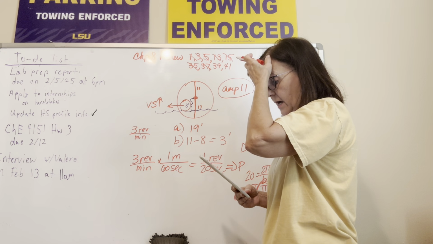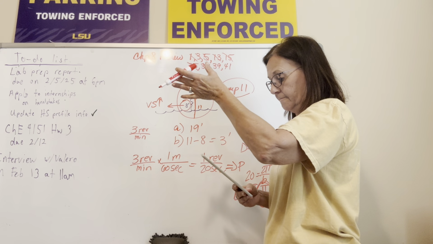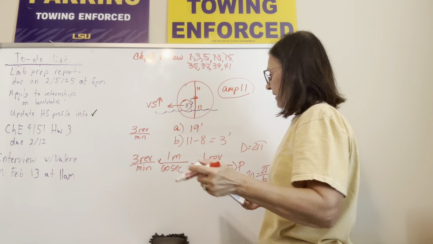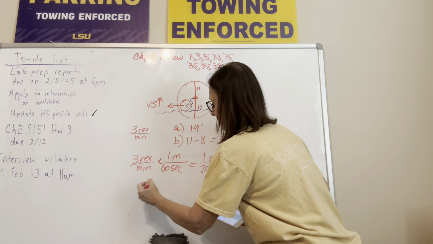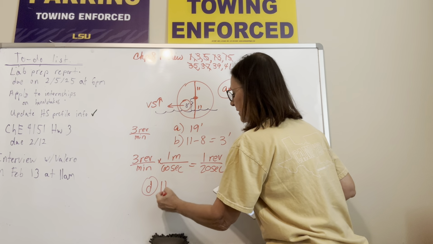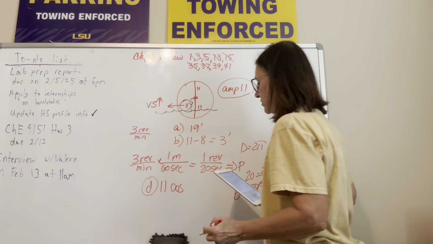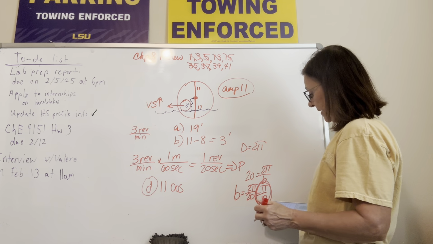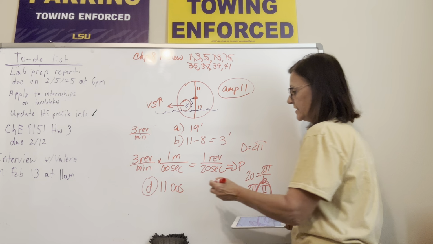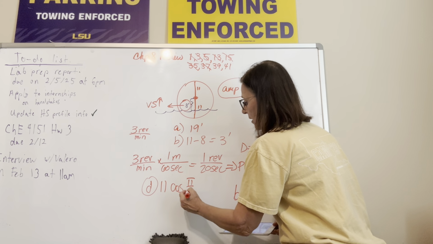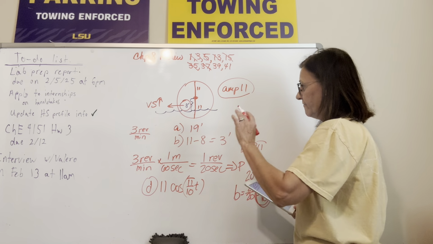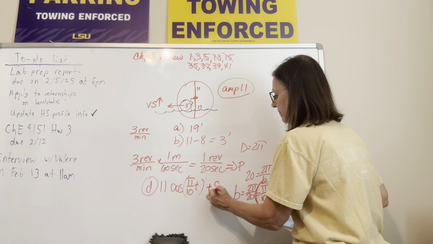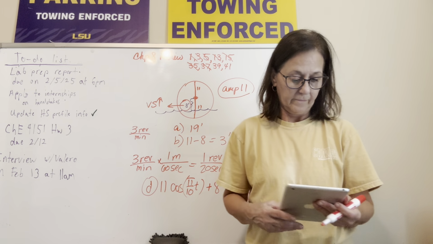So it's going to be a sine. Write a cosine. All right. So if I write a cosine, this is D, right? My amplitude is 11. Cosine, my B value is pi over 10. So pi over 10 times T. But I vertically shifted it up by 8. All right?